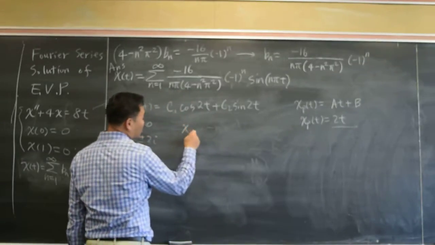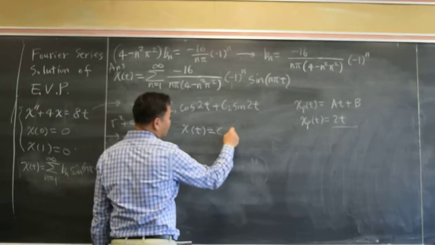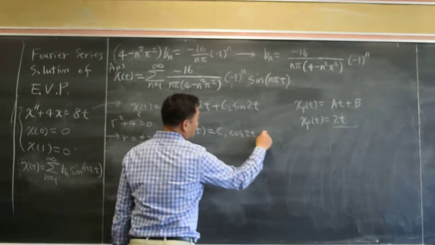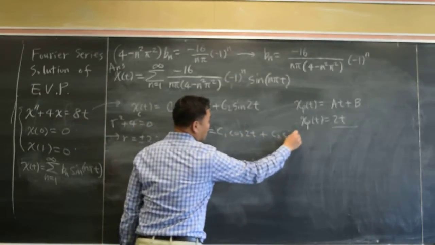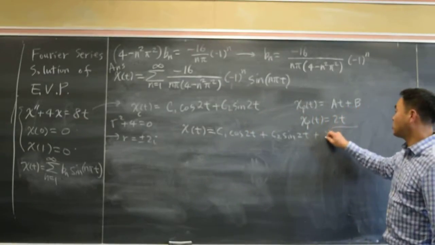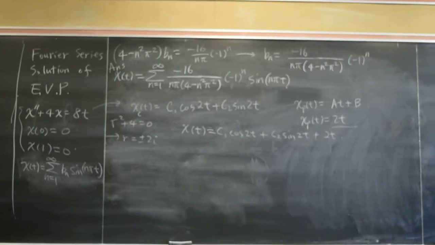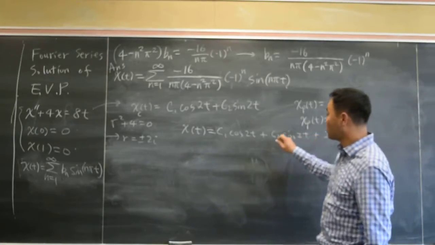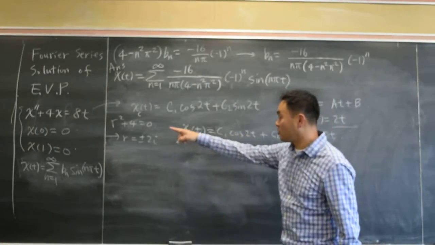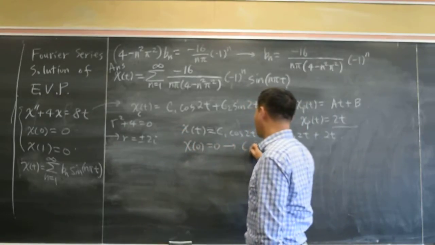You say the general solution, x(t), is the sum of these two: c1 cosine 2t plus c2 sine 2t plus 2t. Right, that's the solution. And then you plug in x(0) equal to 0. If you plug in 0, everything is 0, so c1 becomes 0.